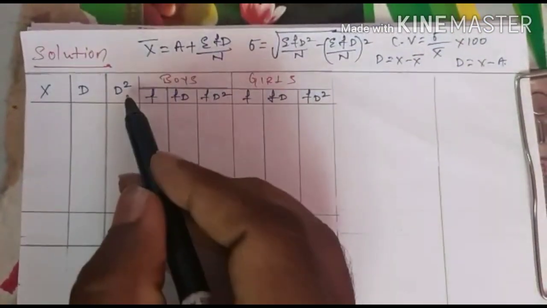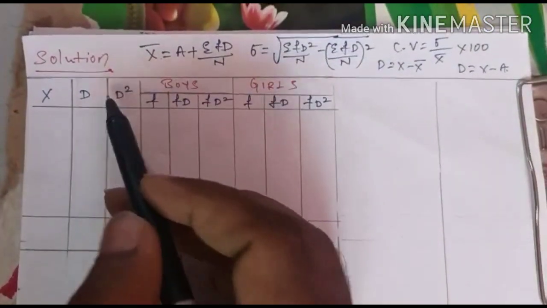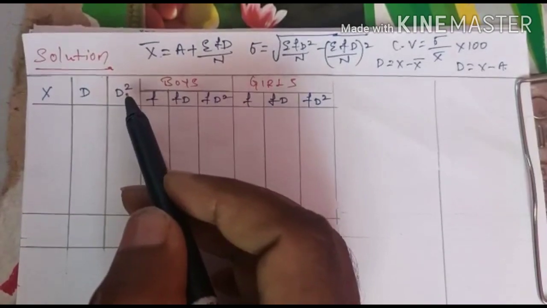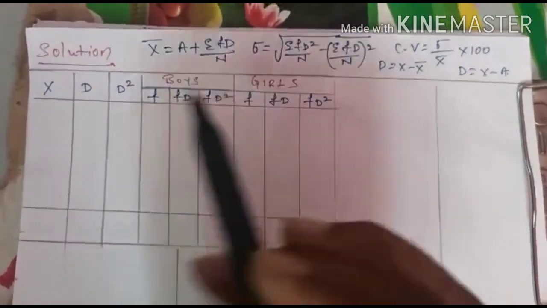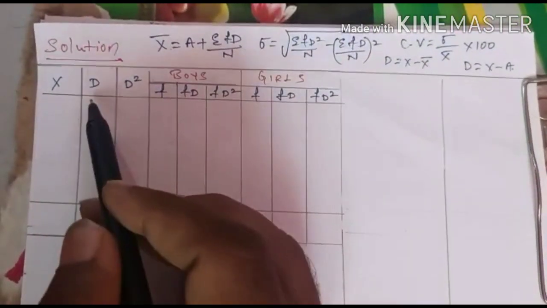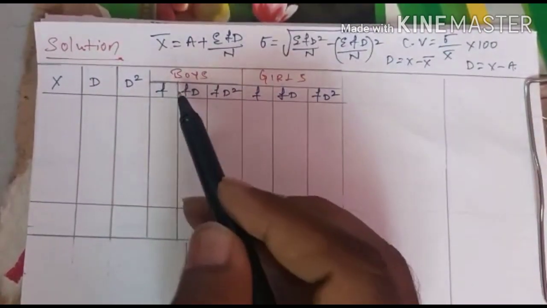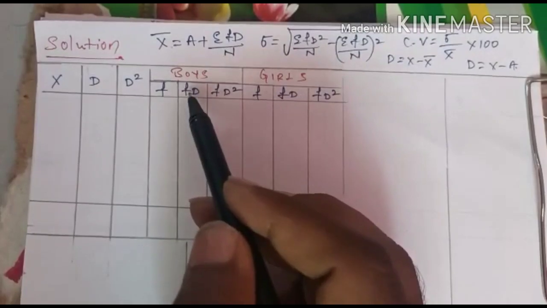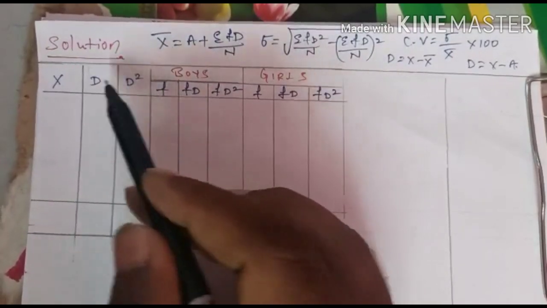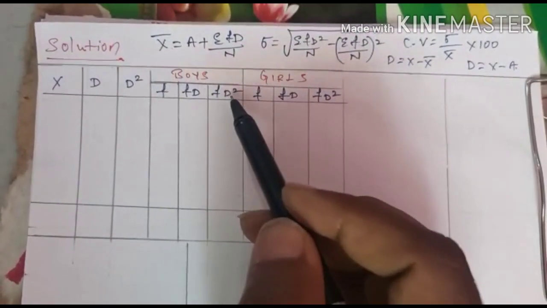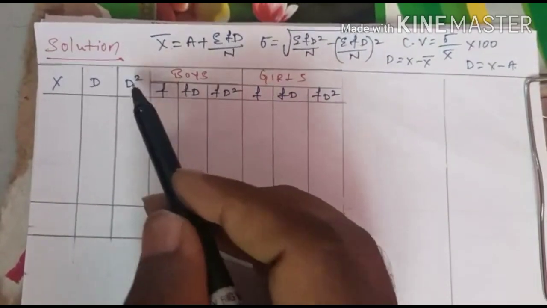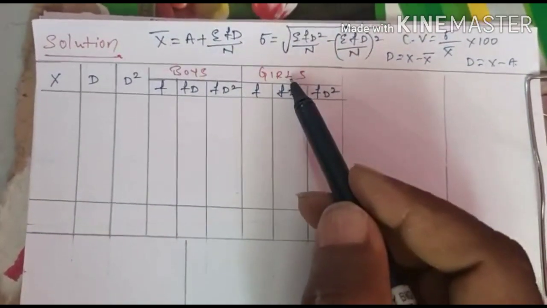Next column is D square, because D and D square are common values for both boys and girls. Then f, the frequency of boys, then fd, that is the product of f into d. Next fd square, that is the product of f into d square. Similarly for the girls.